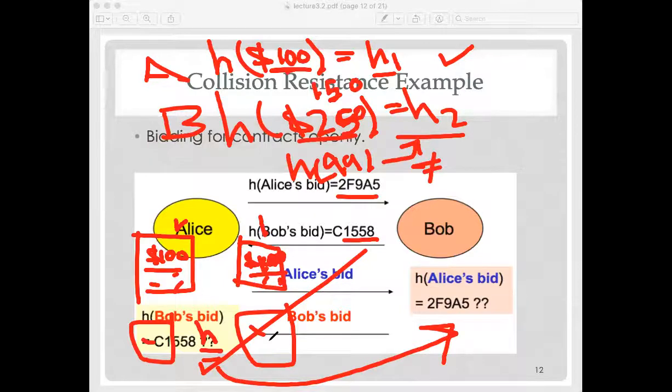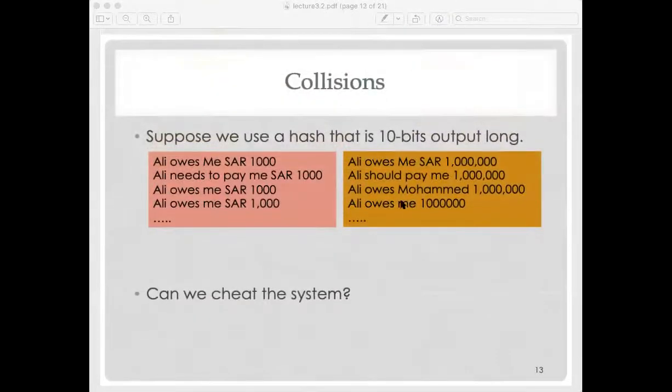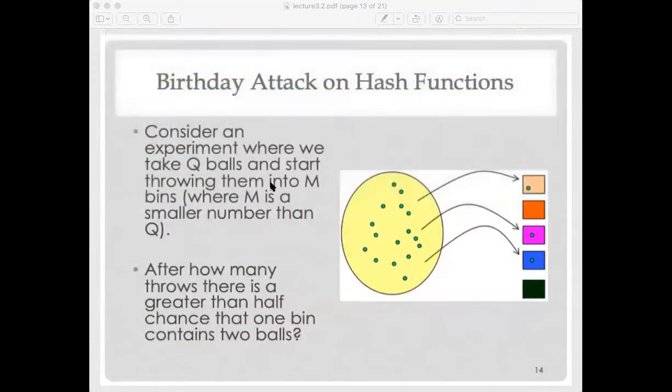We need pre-image resistance, we need second pre-image resistance, and we need collision resistance. And this is just giving more explanation, right? This is another example, someone owes some money.